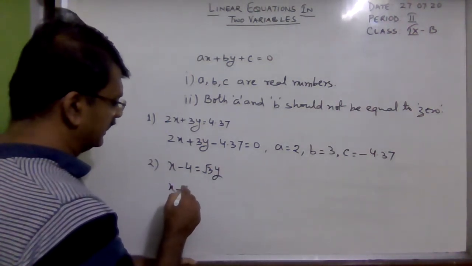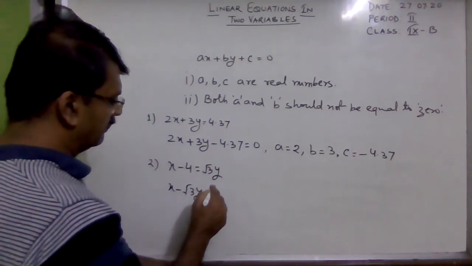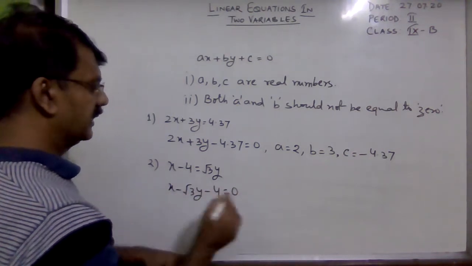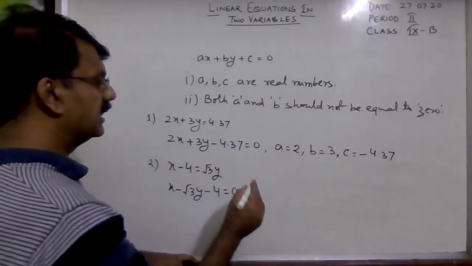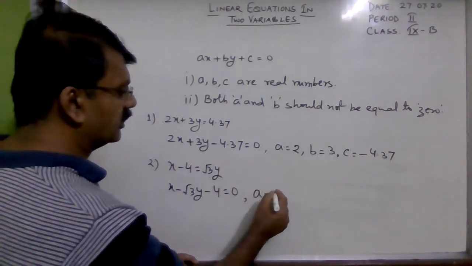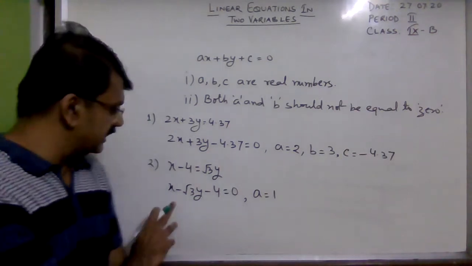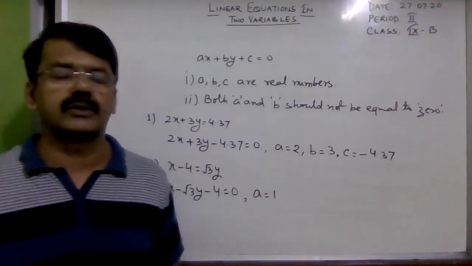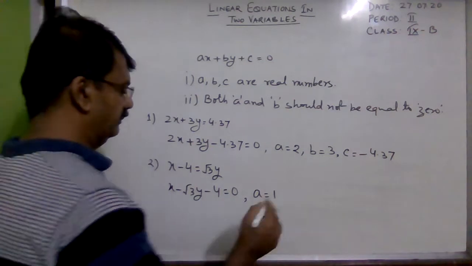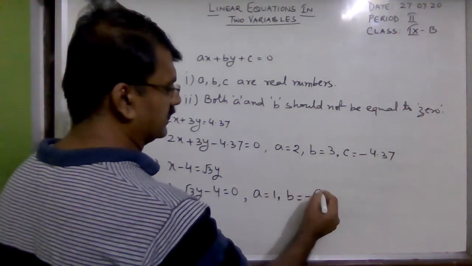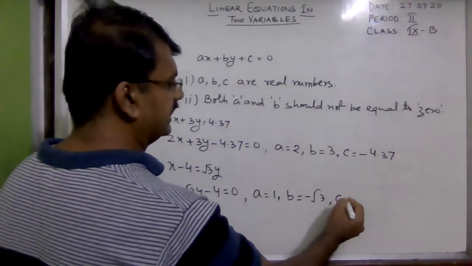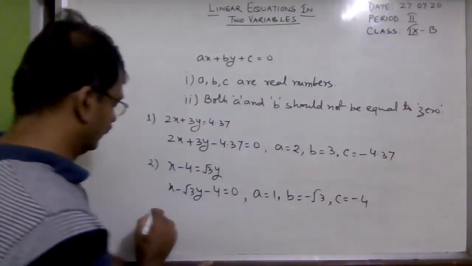So x minus root 3y minus 4 is equal to 0, and bring root 3y to the left, so it will be minus root 3y. Now you see a is equal to 1. You know when nothing is written in front of x, that means it is 1. So the coefficient of x is 1. So a is 1, b is equal to minus root 3 and c is equal to minus 4.